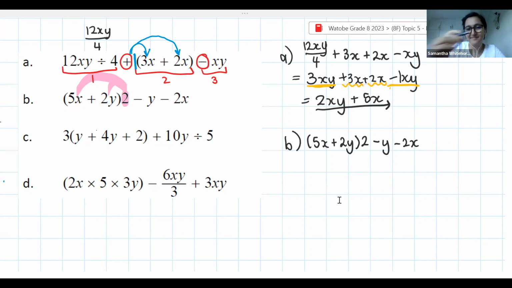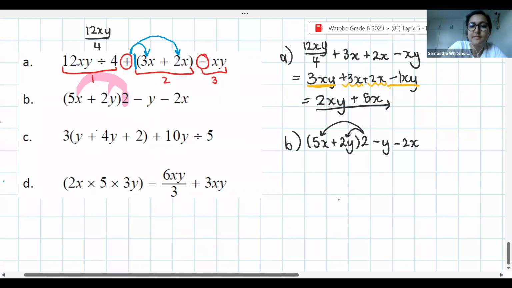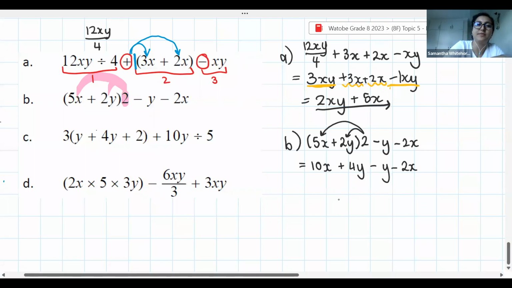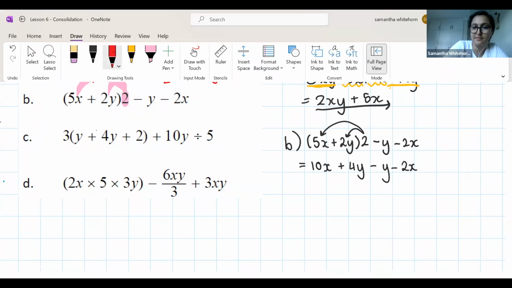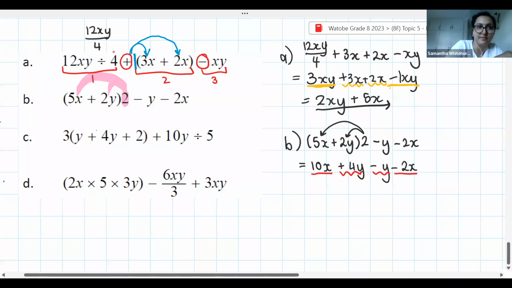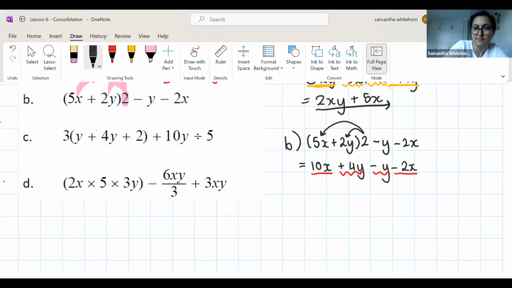Ma'am, I said 2 times 5, and then I got 10x. Then I said plus, and then I times with 2y. Then I got 4y, and then I put minus y, and then I put again minus 2x, and then I grouped the numbers, and then I said 10x minus 2x plus 4y minus y, and then I got 8x plus 3y.